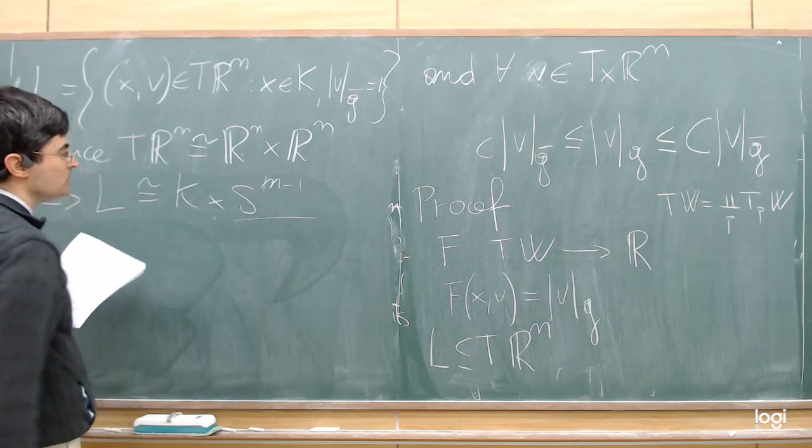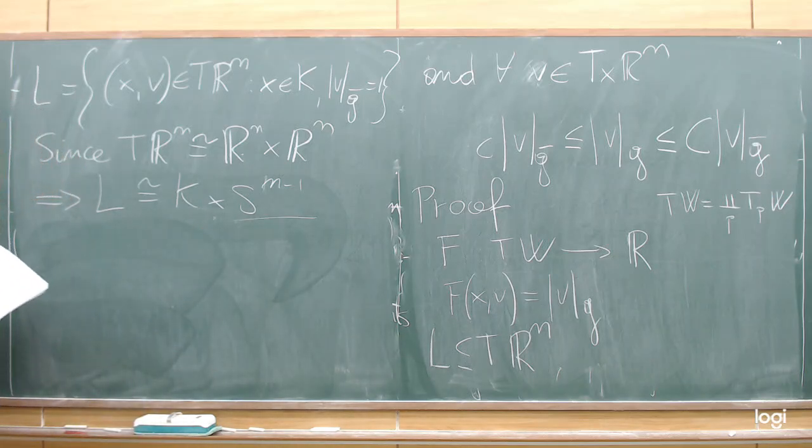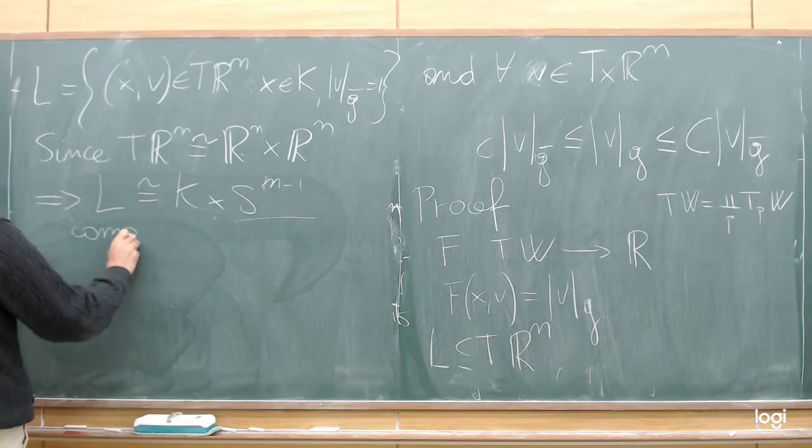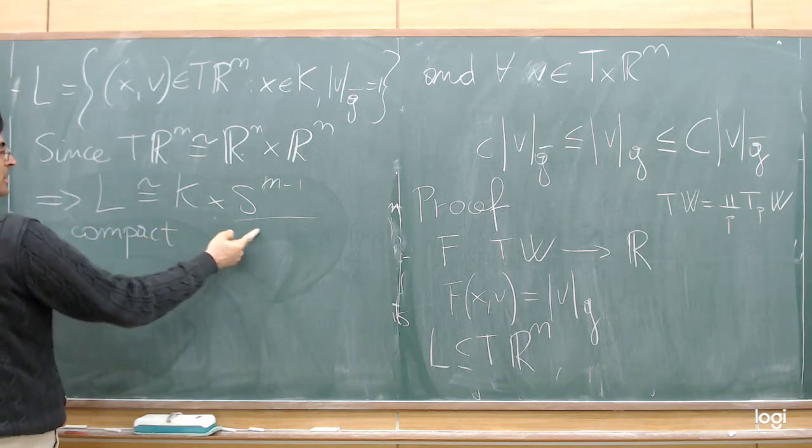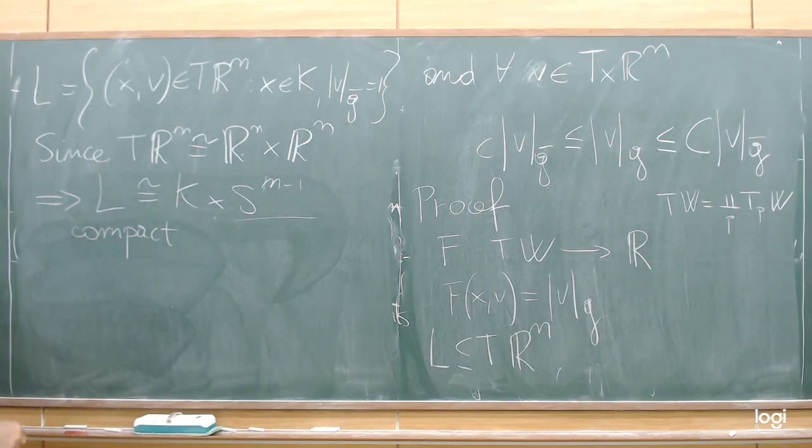The advantage of working with L is that this is compact, because it's the product of two compact sets.